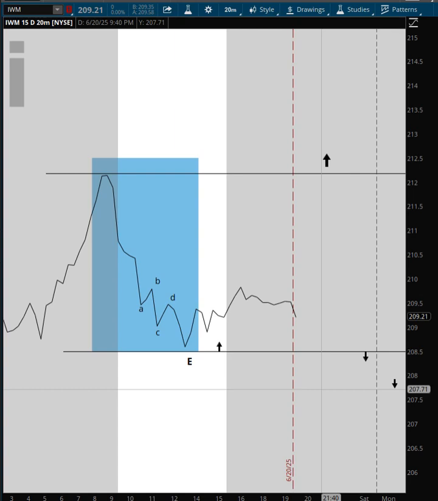Okay, so it will limit the damage to your account if you're going the wrong way, but you have to keep going through the different time frames in order to find the direction of the market. So tonight I think we may have a push up here as of now, but if you go below E, the trend will be down.